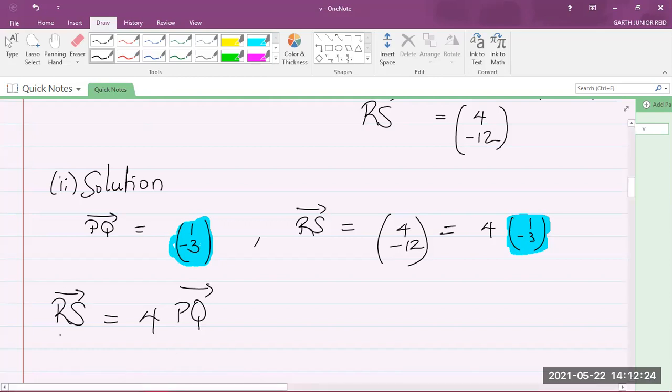And this is the reason, because the vector RS is equal to 4 times the vector PQ. If we're saying that vectors are parallel, it means that one can be written as the scalar multiple of the other.